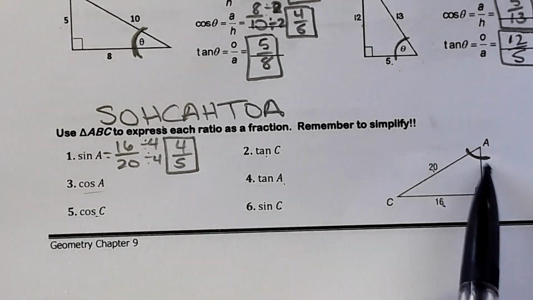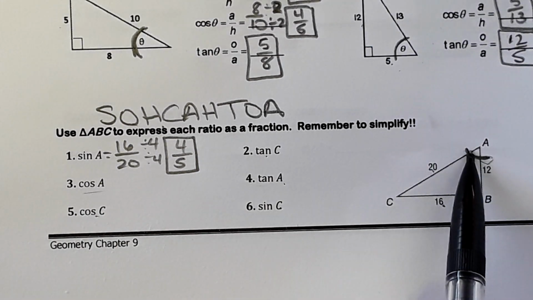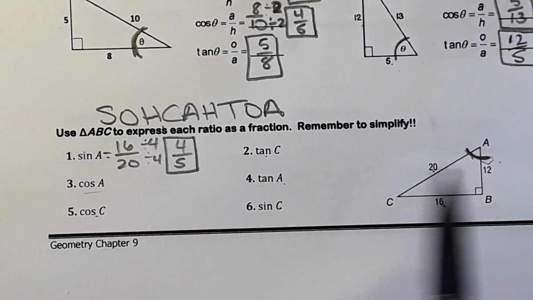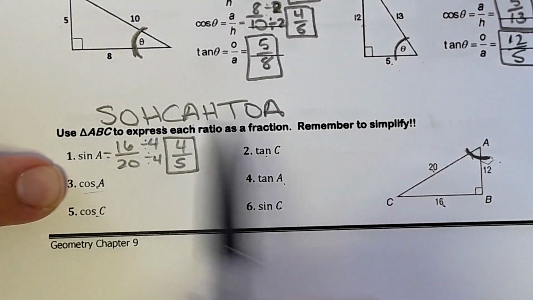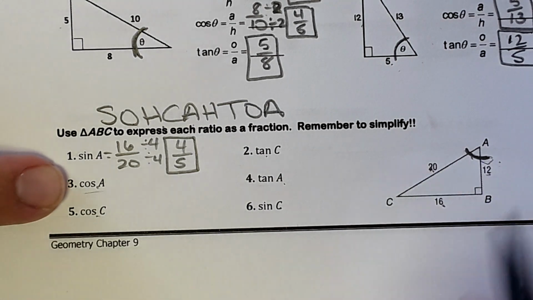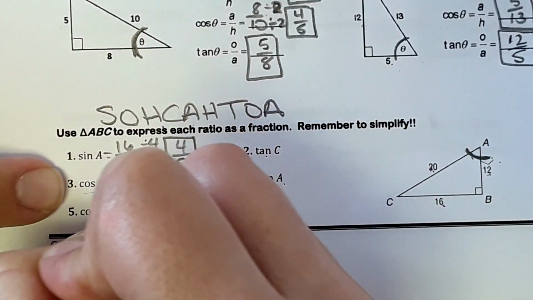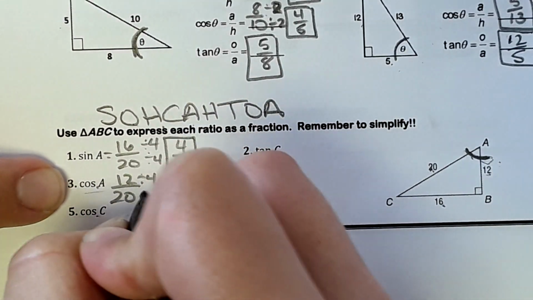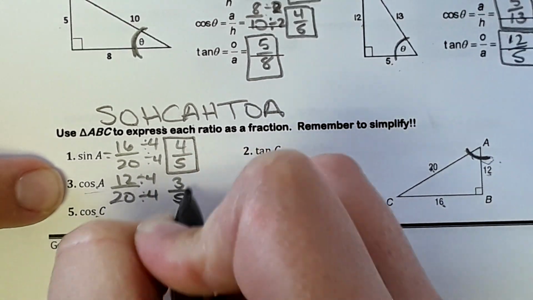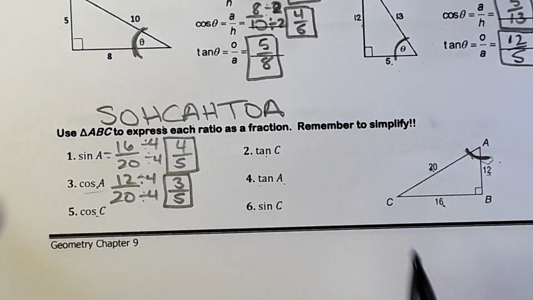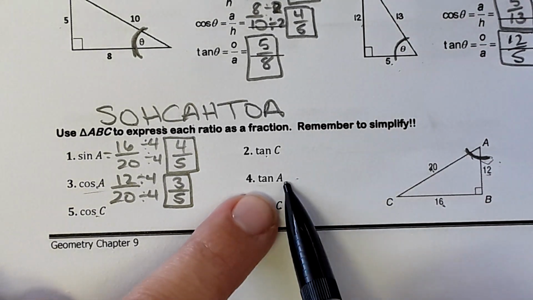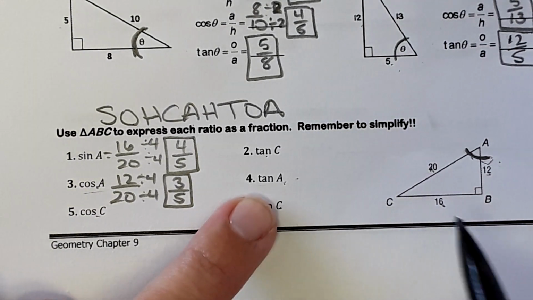Then while I have the angle A, have writing on it, I'm just going to do all the angle A ones. Cosine of A, adjacent over hypotenuse, 12/20. Tan of A, opposite over adjacent.